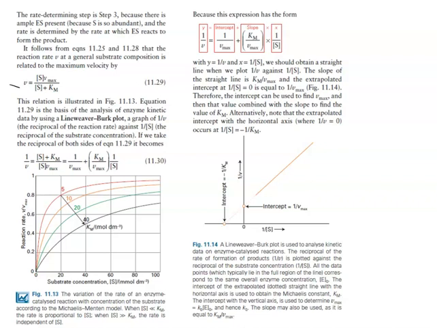So, equation 11.29 is the basis for the analysis of enzyme kinetic data by using a Lineweaver-Burk plot, a graph of the inverse of rate, the reciprocal of reaction rate, against the inverse of the substrate concentration. If we take the reciprocal of both sides of equation 11.29, it becomes the following.